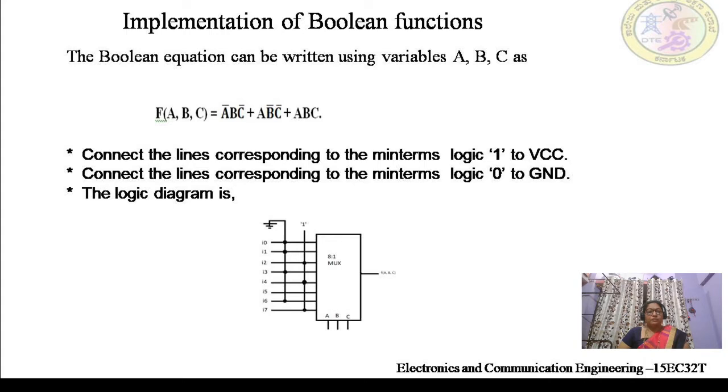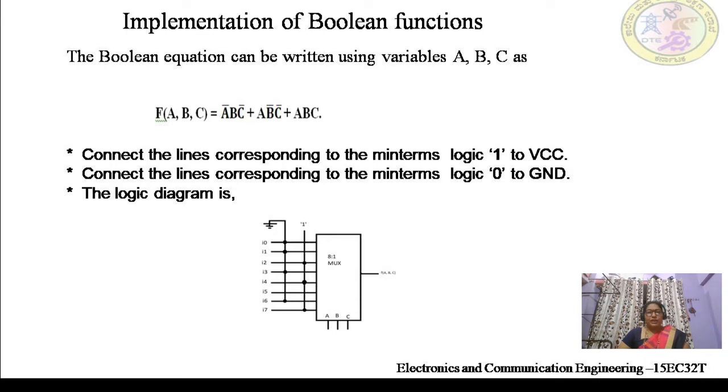Next, for implementation of this expression using mux, we have to consider an 8 to 1 mux. Why 8 to 1 mux? Because it is a 3 variable expression, and if there are 3 variables we have to consider 2 to the power of 3 to 1 mux, that means 8 to 1 mux.